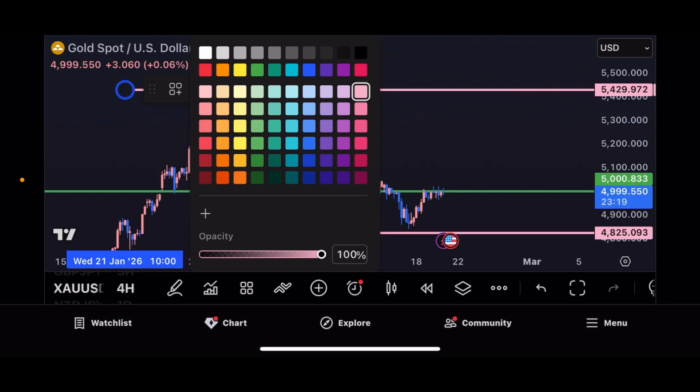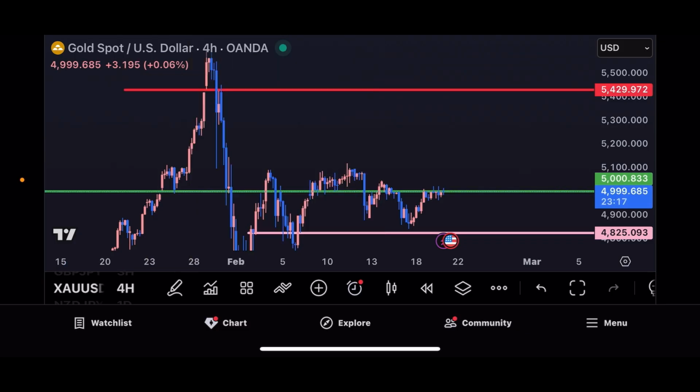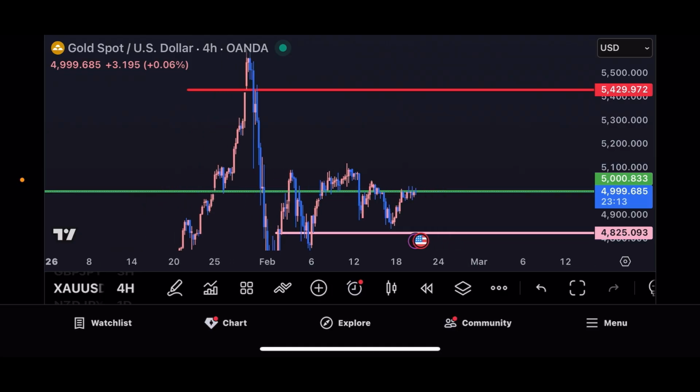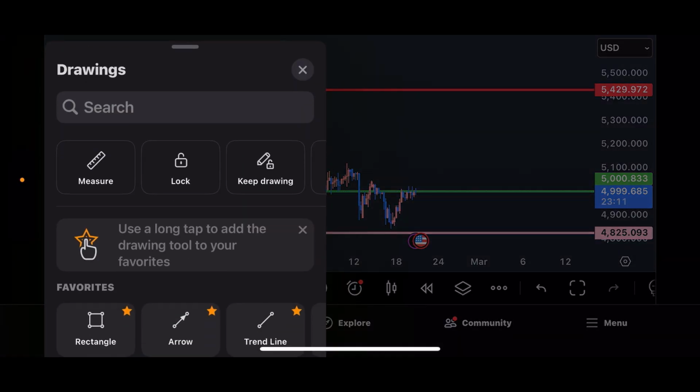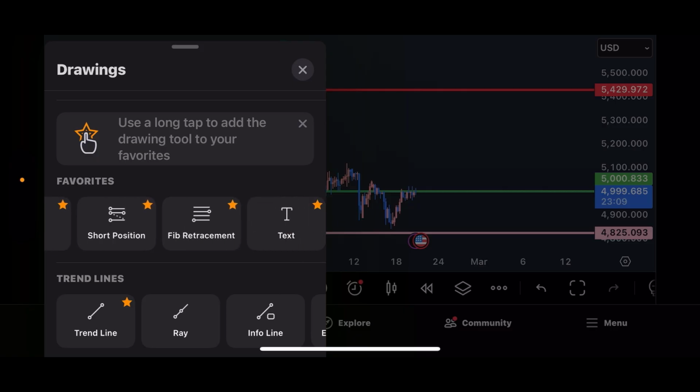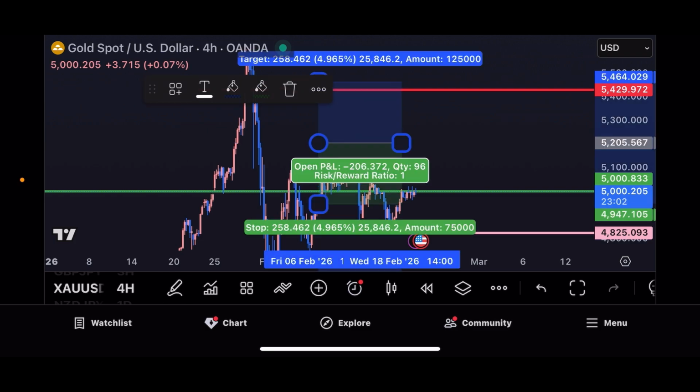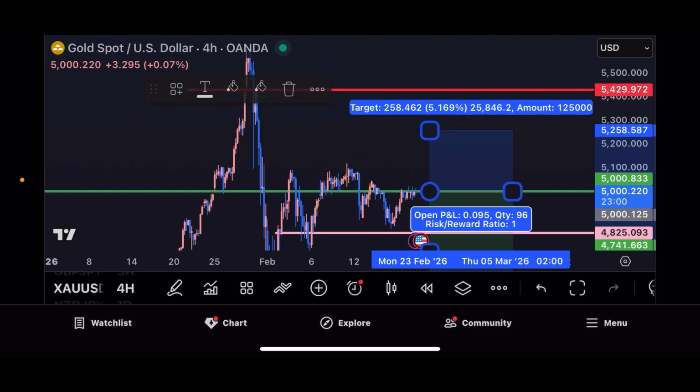So from 5,000 to about, let's just say 5,400. Because we're looking at gold and every tick is 10 pips, that's going to be 4,000 pips that we would have the possibility to make on gold.